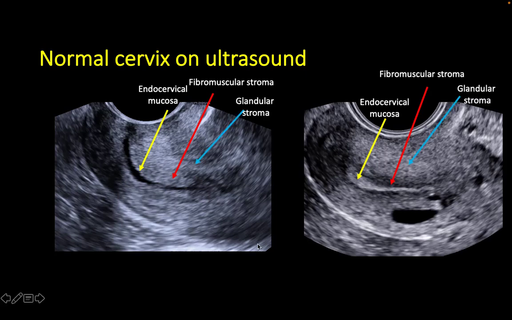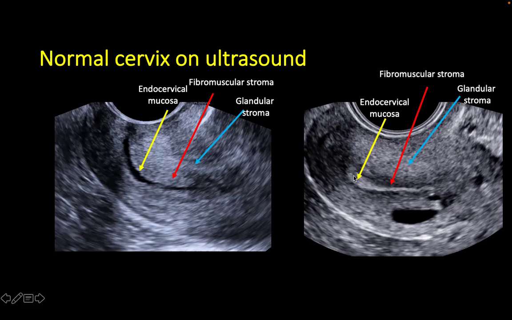Now, besides the fibromuscular stroma, there is another part of the cervix which is more isoechoic outside the fibromuscular stroma, and this part, which merges finally with the parametrium, is the glandular stroma. So, the cervix, starting from inside to out, we have the endocervical canal, which may or may not have mucus.